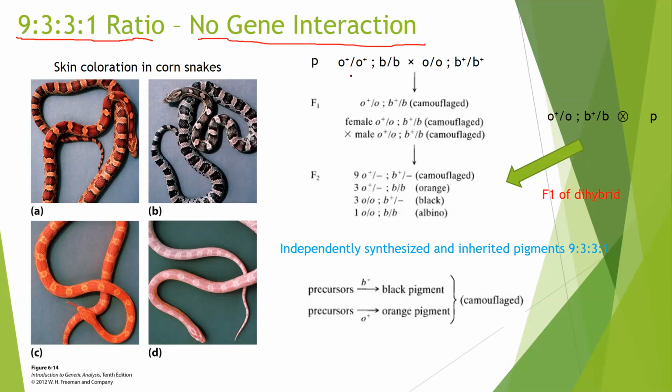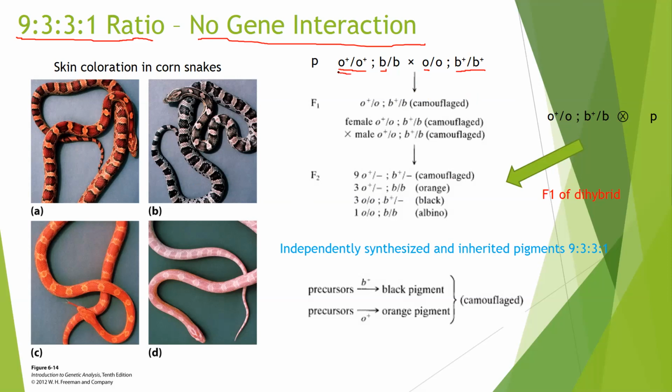There are two genes here, all right? There's one gene called O. The O plus means the wild type, and the O is the mutant. And the B plus is the wild type, and the B is the mutant. And these two genes are independent, and they are doing two totally different things.